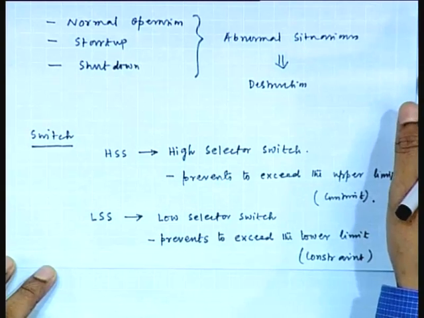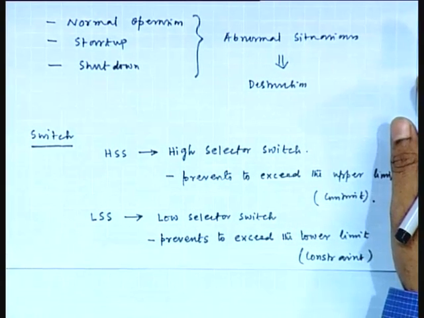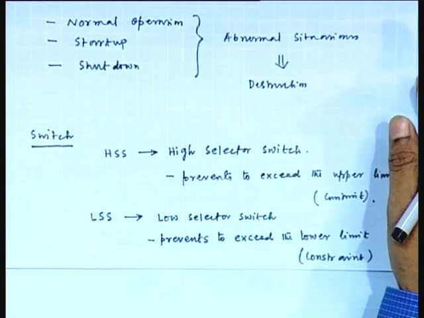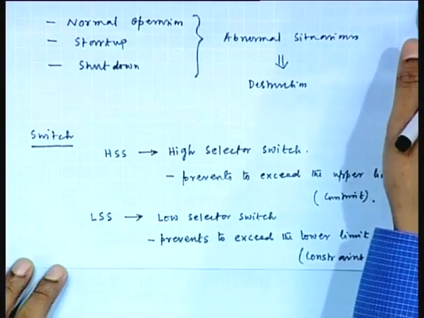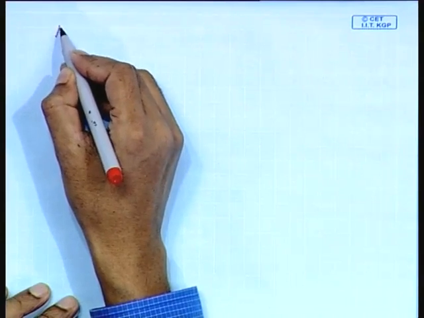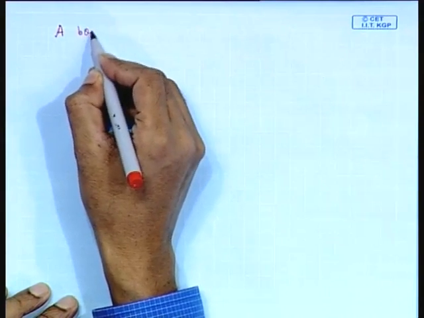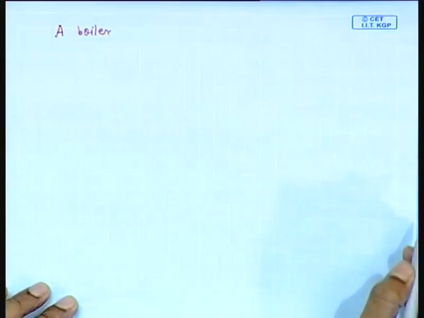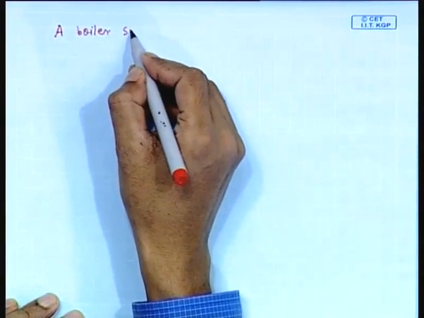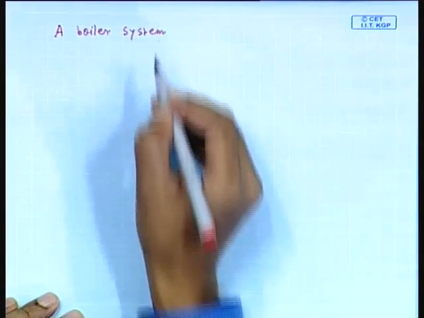Now, we will discuss the application of this special control scheme, constraint controller, with taking one example. We will take the example of a boiler system.